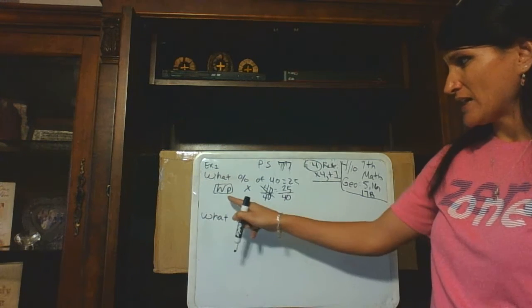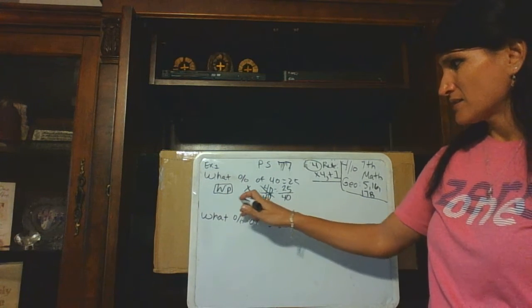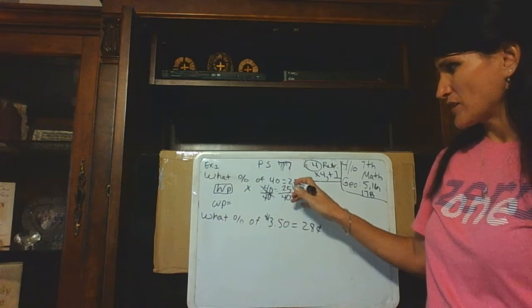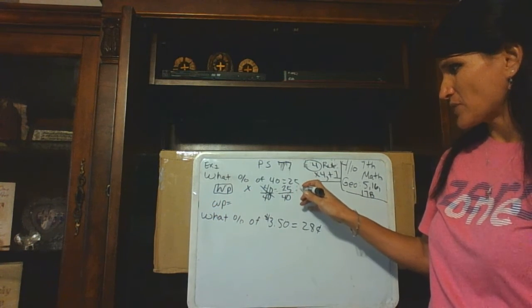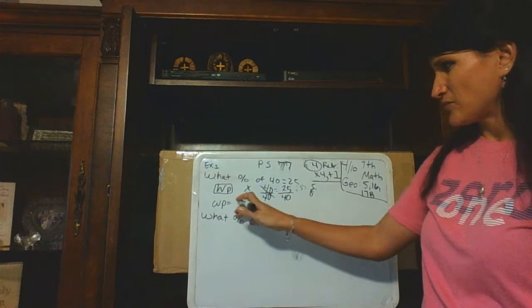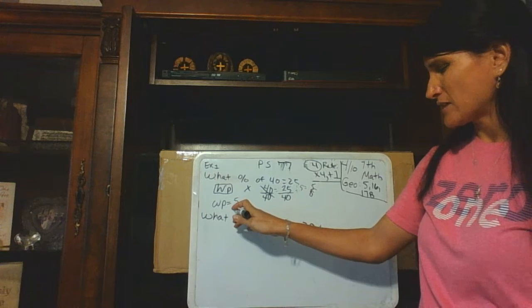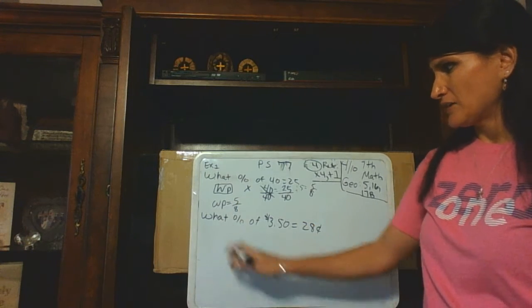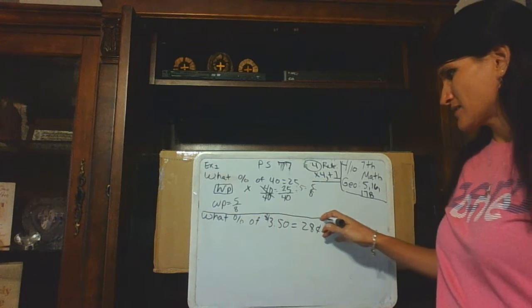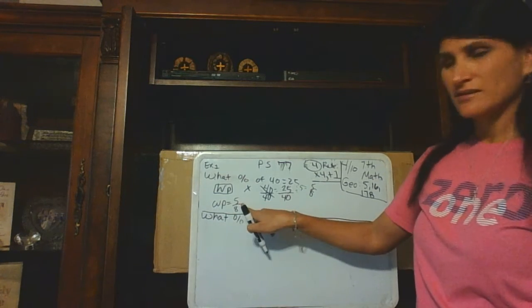So right now I have what percent equals 25 over 40. I'm going to reduce this by 5, and that's going to give me 5 over 8. So I have what percent equals 5 over 8. Okay? Now, ask yourself a question. Is that a percent?